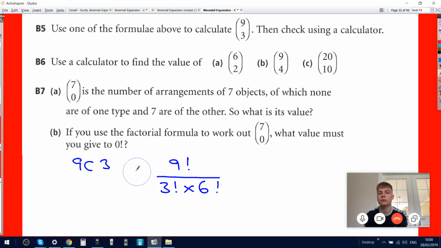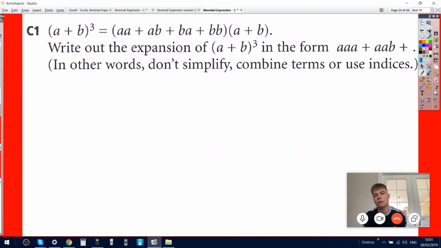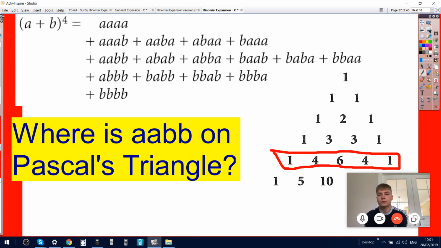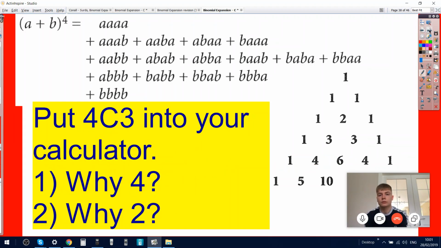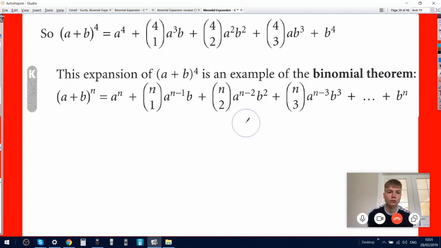And sometimes you have to do some questions like that where you have to prove it. How many arrangements? So this one you will just put this. And here is the better formula, and we'll use that in a minute.